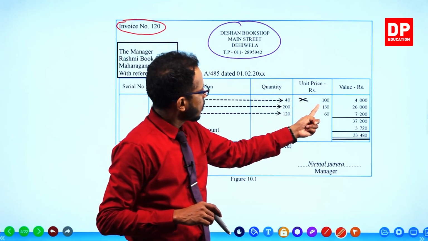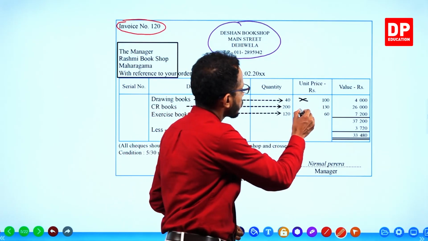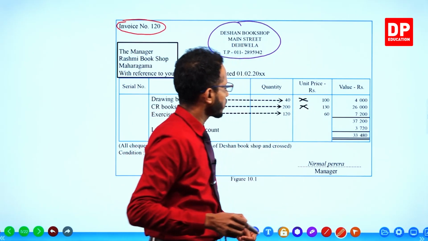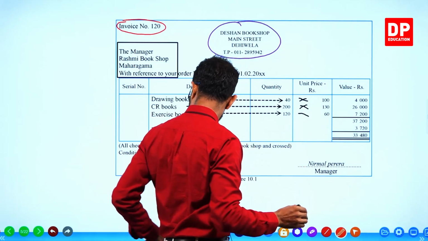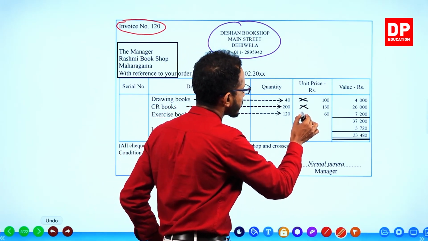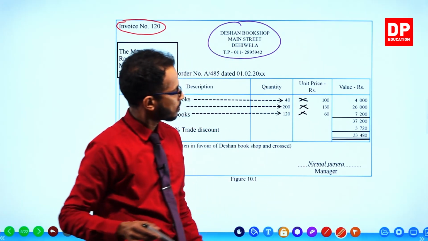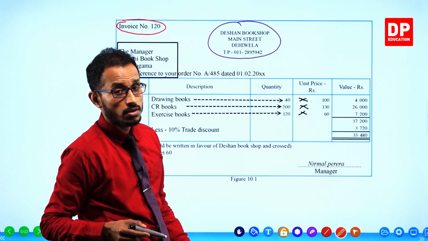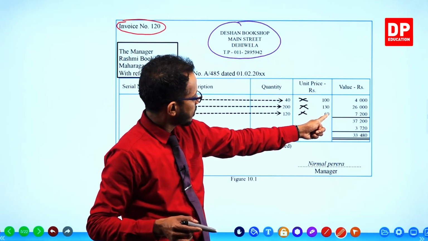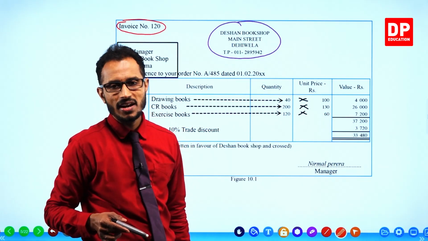Likewise, 130 into 200 for the CR books, and 60 each for the exercise books. 60 is the unit price.